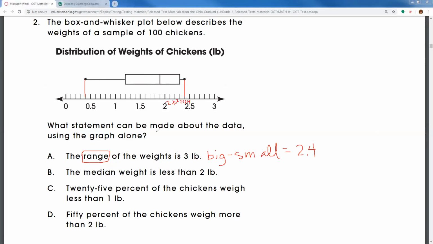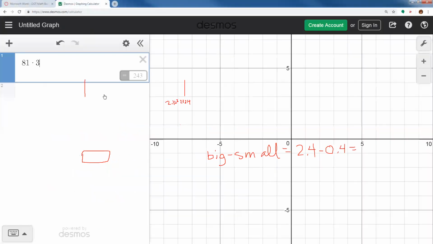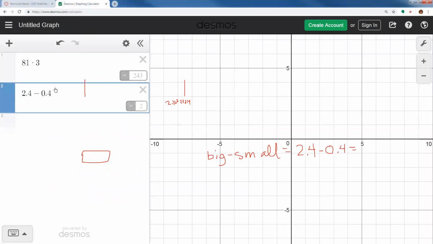And what's the smallest? 0.4. And then we subtract those two numbers. So that gives us 2.